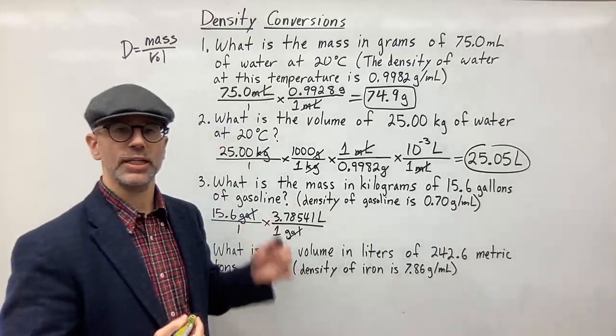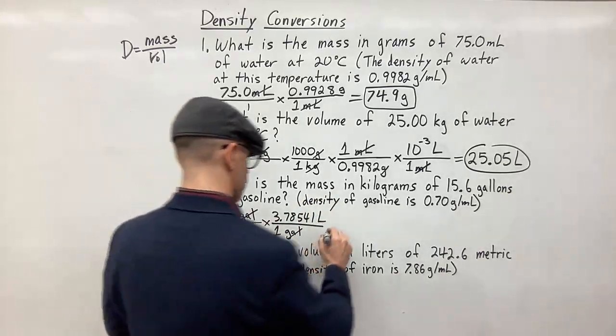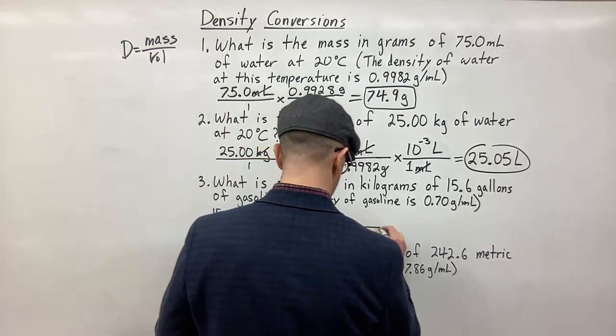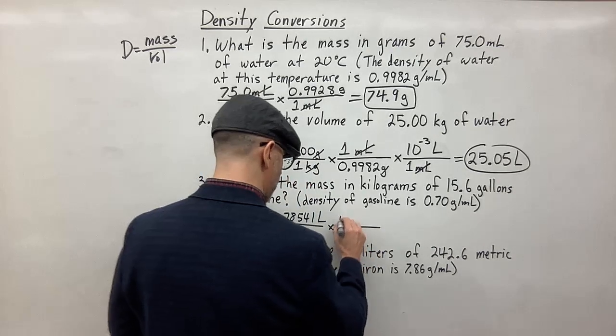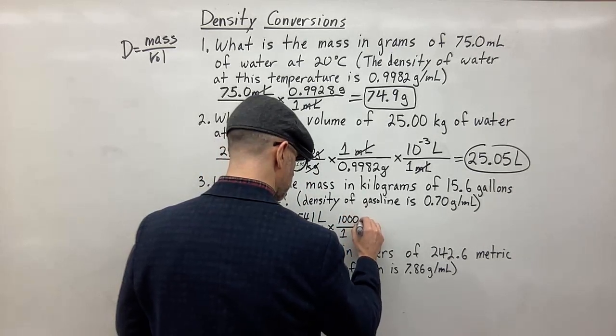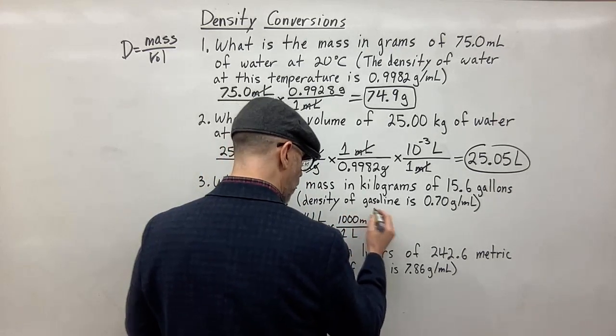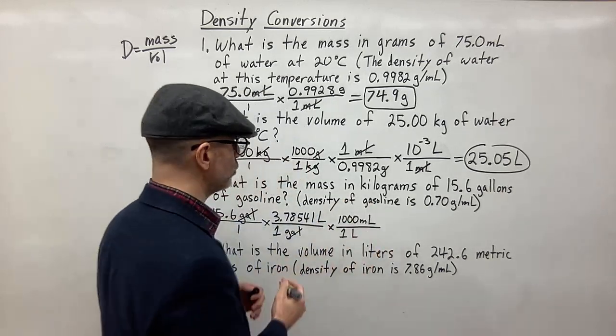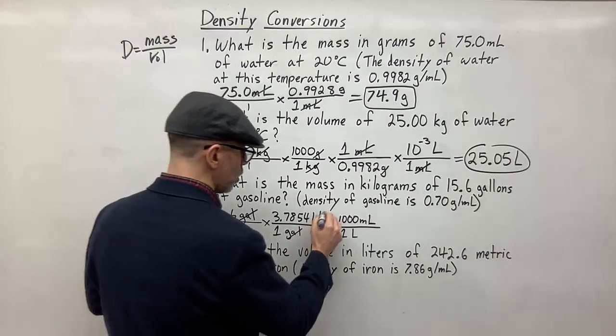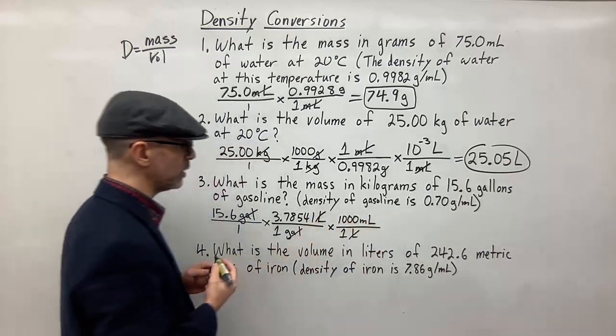So now I'm going to convert liters to milliliters. So I know that 1 liter is equal to 1,000 milliliters, because a milliliter is 1/1000th of a liter. So it's going to take 1,000 of them to equal a liter. So liters are going to cancel out. Now I have milliliters.